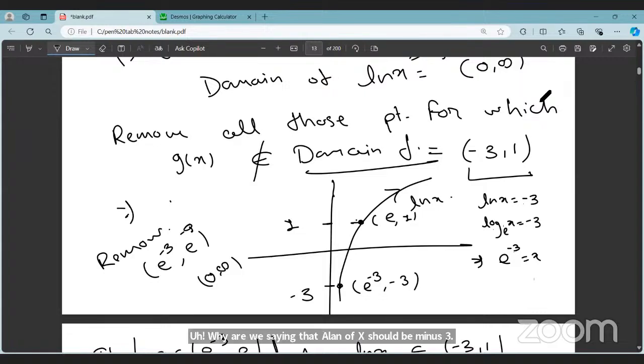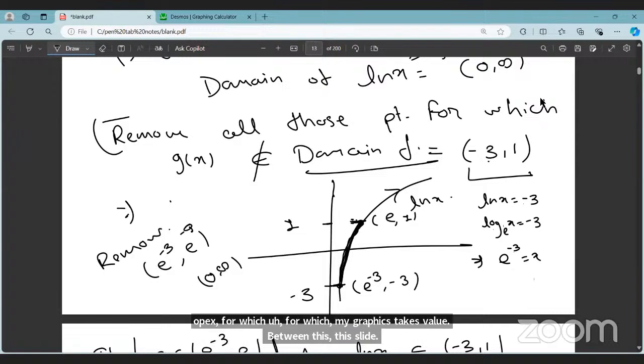See, what we have to do is remove all those points for which g of x does not belong to the domain of f. The domain of f is given to be minus 3 comma 1. So I want to find those values of x for which my graph ln of x takes values between these lines. Then only f of ln of x makes sense, right?